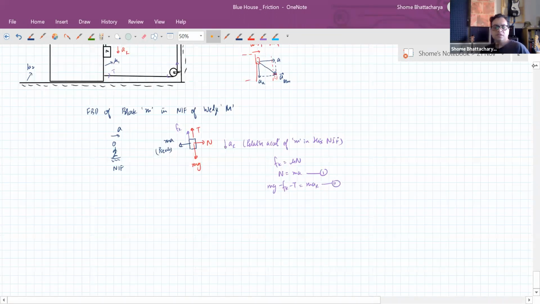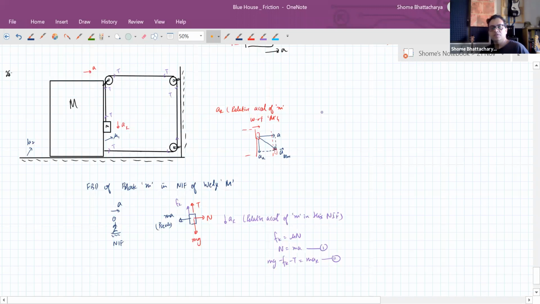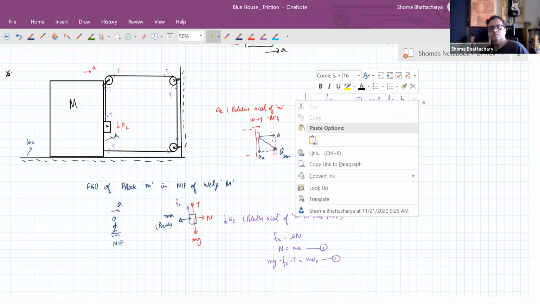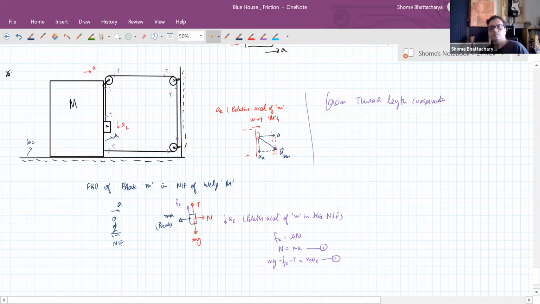Then you will also have the constraint relation from thread length conservation. We'll have this. So this is going to be an important equation.